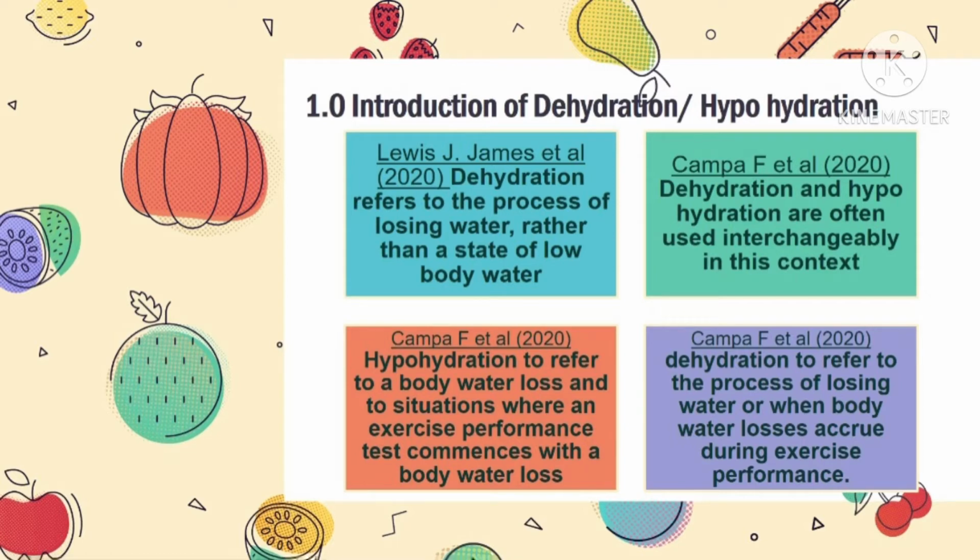which means dehydration and hypohydration are always used with the same meaning, but they are different. He said again, hypohydration refers to a body water loss and to situations where an exercise performance test commences with a body water loss.